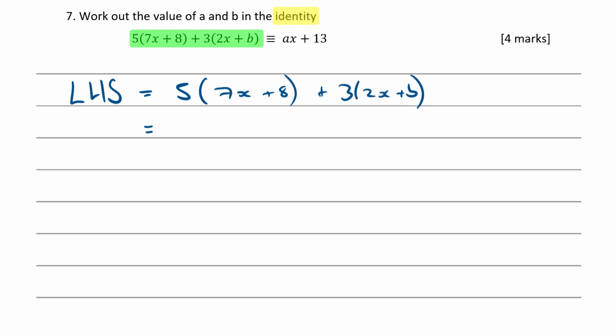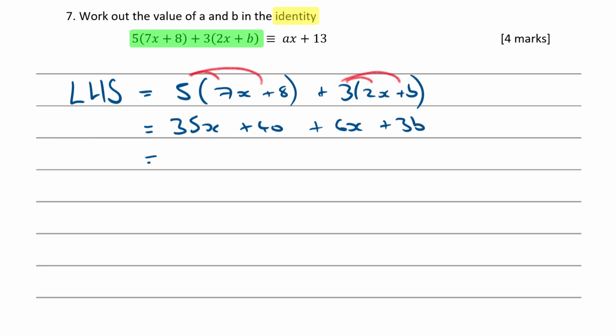So first off, let's simplify it by multiplying out the brackets. The number outside the bracket gets multiplied by everything inside. So 5 times 7x is 35x, and 5 times 8 is 40. And the second bracket, 3 lots of 2x is 6x, and 3 lots of b is 3b.